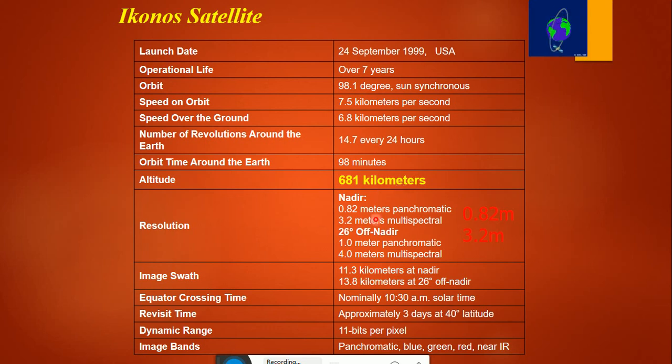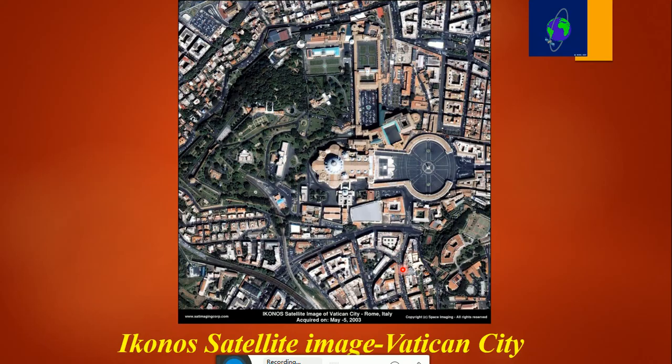QuickBird satellite launched 18 October 2001, Vandenberg Air Force Base, California. Orbit 450 km altitude, 93.5 minutes. Equator crossing time 10:30 am. Nominal swath width 16.5 km at Nadir, at 450 km altitude. Resolution 0.61 meter. Spectral band 450 to 900 nanometer. Basic 0.61 meter at Nadir and 0.72 meter at 25 degrees off Nadir.